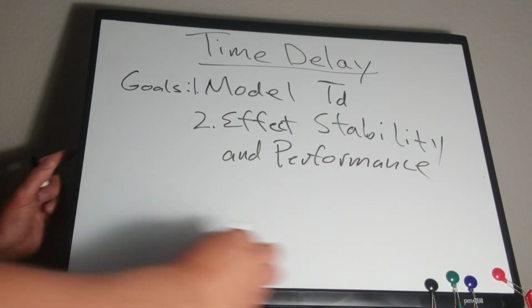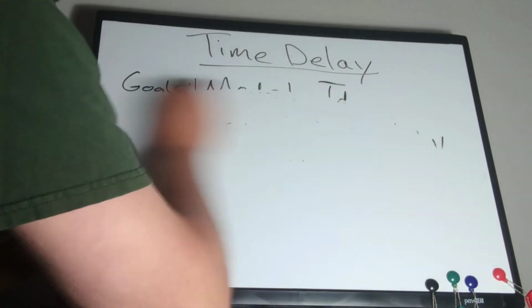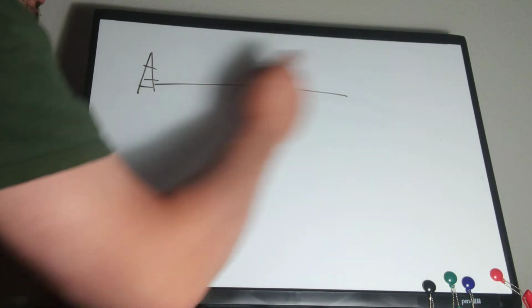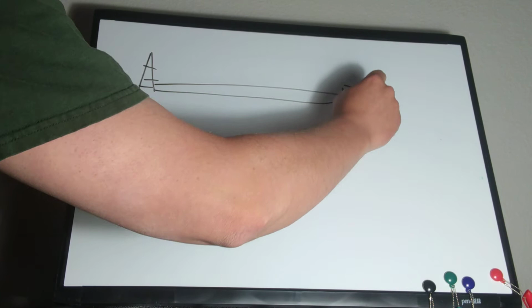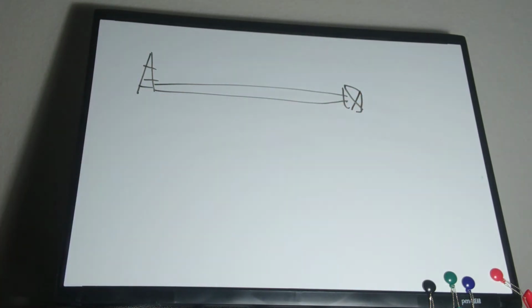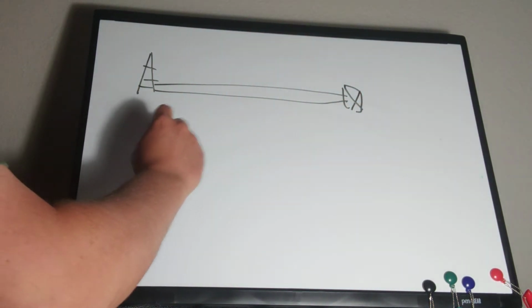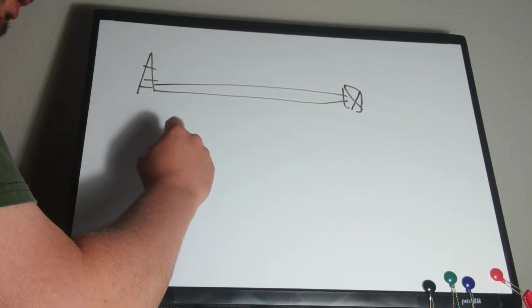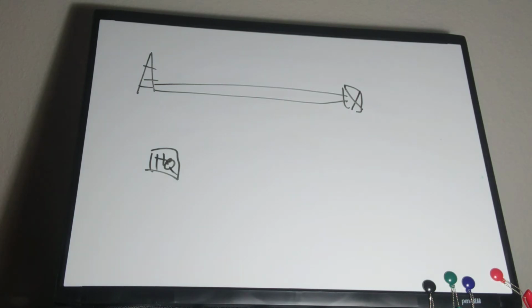First, let's talk about what we mean by time delay. Let's use as an example an oil derrick with a pipeline, a valve that feeds some supply. And down here, we have our system headquarters, let's call it HQ, where everything runs the system.